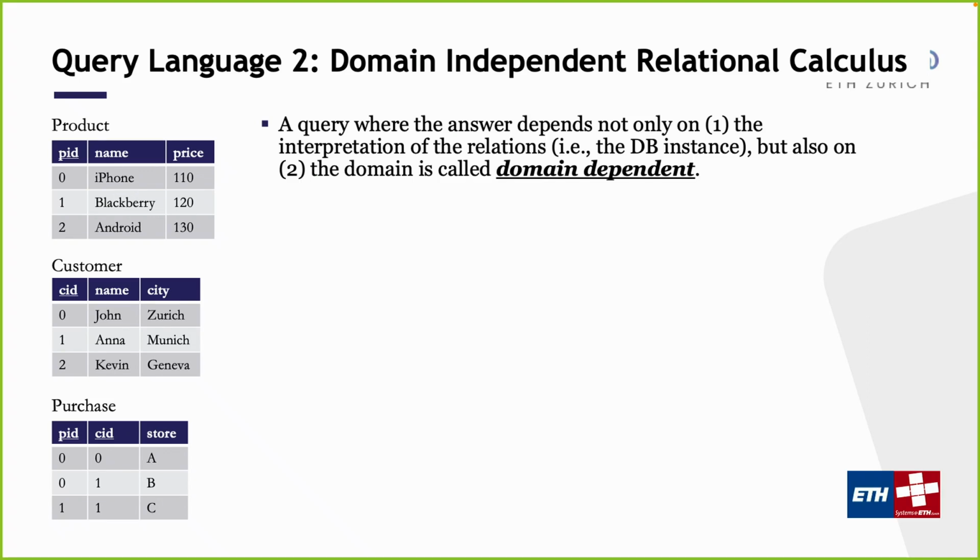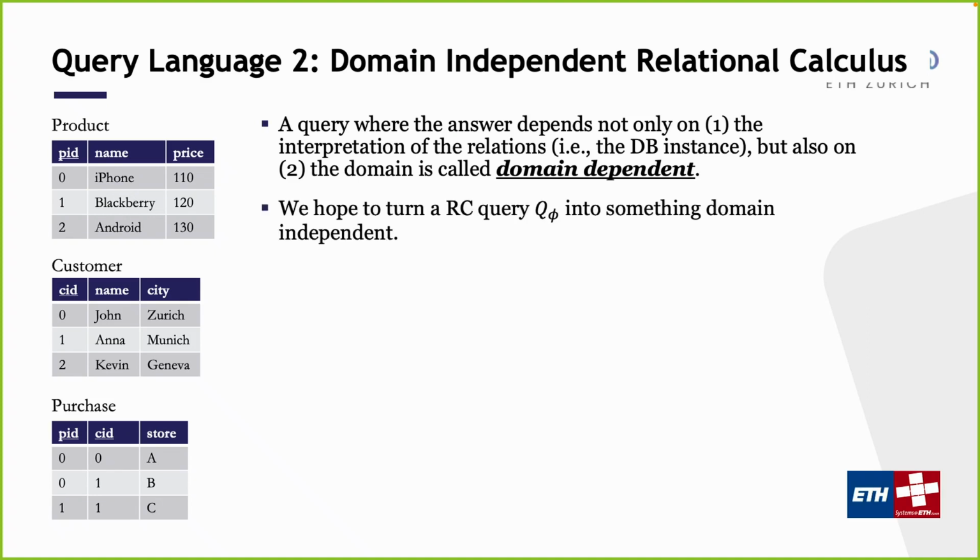And because the domain is infinite, that is the source of the problem. So one thing that we are trying to do is, can we define an alternative semantic for relational calculus such that it does not depend on the infinite domain? And that is something we call domain-independent relational calculus.